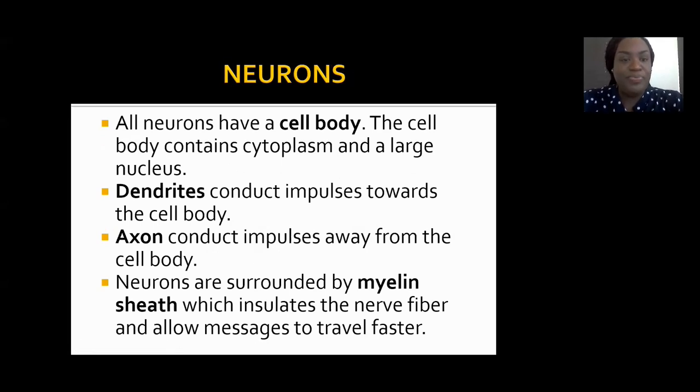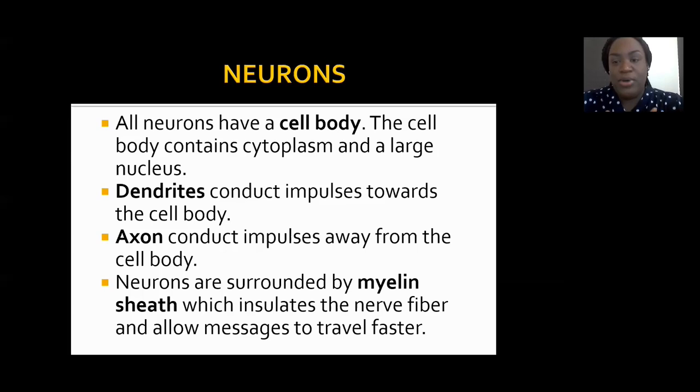Okay, so what is a neuron? Neurons are basically nerve cells. Okay, they are one of the specialized cells of our bodies, just like the blood cell. They are adapted specifically to do one job. So all neurons have a cell body. We're going to talk about the structure.